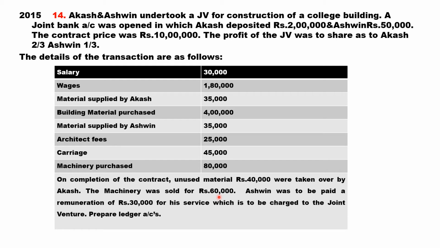It's a sale of machinery. Joint venture and joint bank. Ashwin was to be paid a remuneration of 30,000 for his service, which is to be charged to the joint venture. So 30,000 is a remuneration to Ashwin. It's called salary to Ashwin. It will come in joint venture and co-venture.